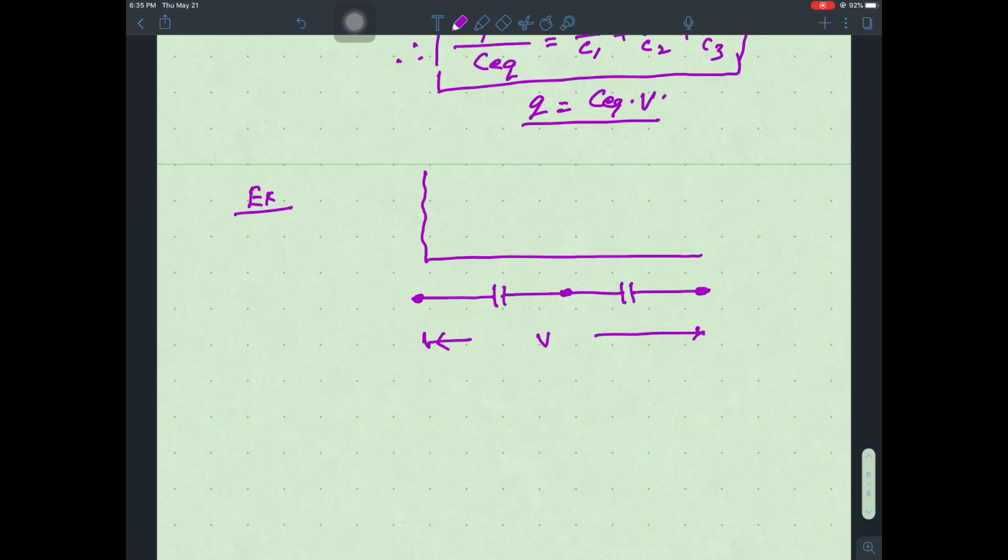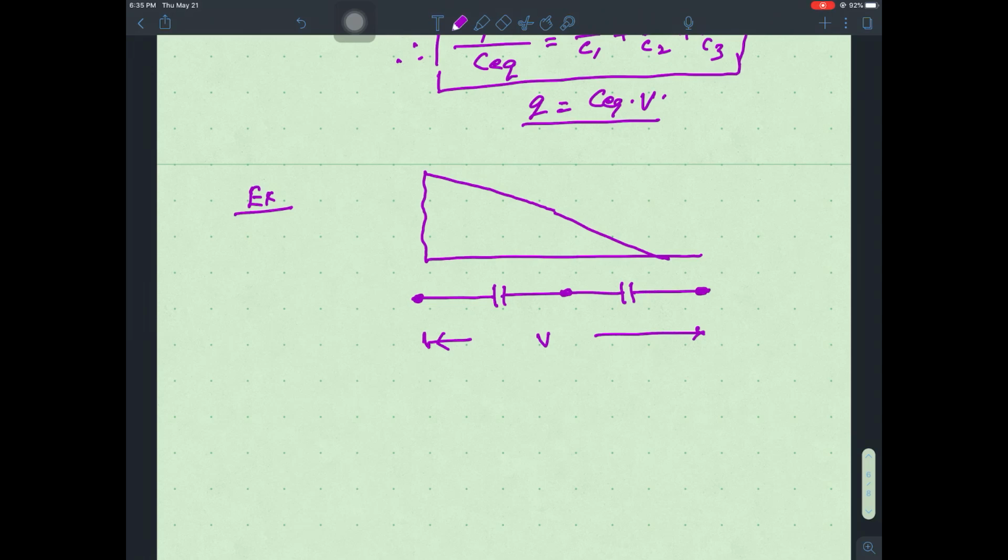Suppose the graphical relation is given in this way.